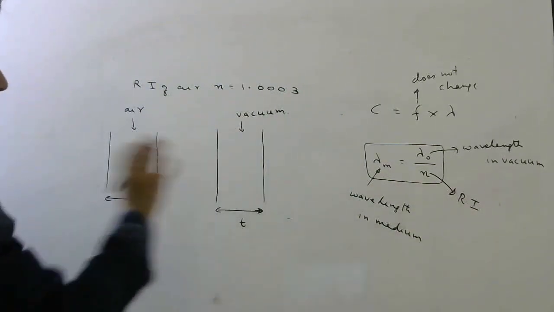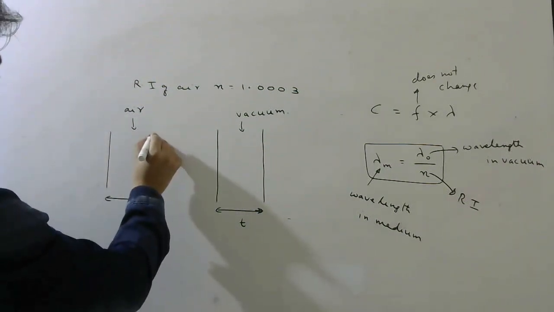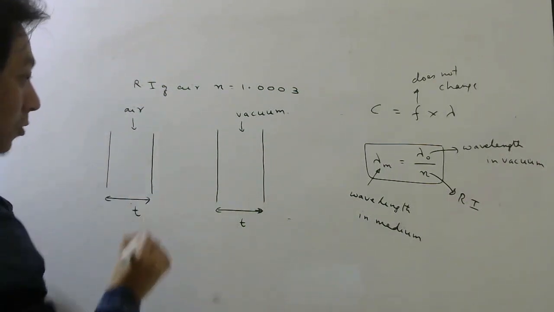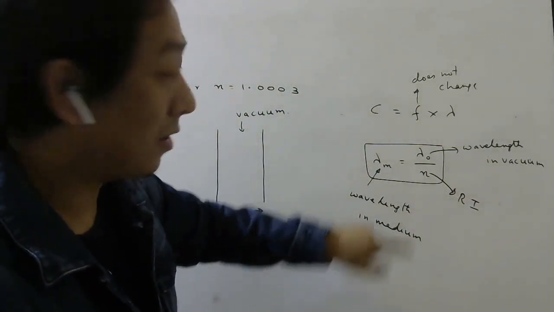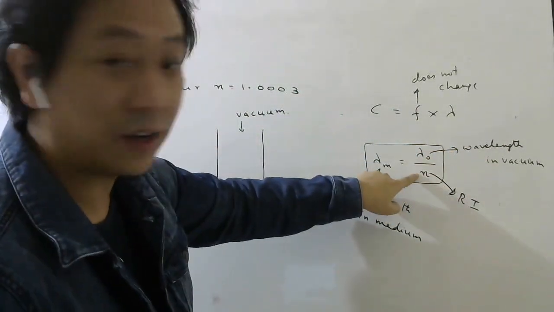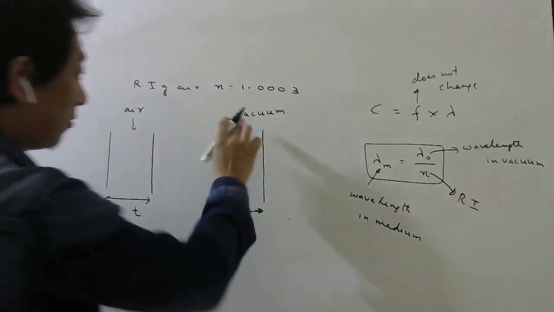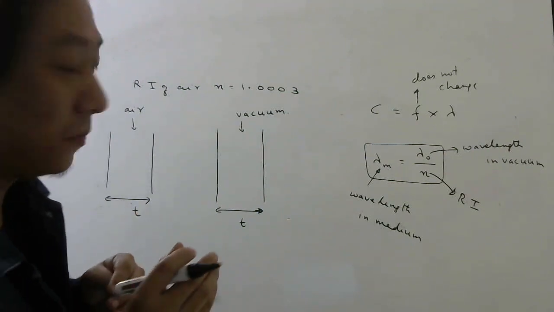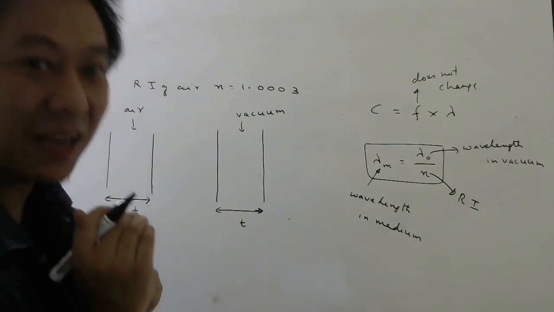Now, where is your wavelength less or more? You know that wavelength in any medium is slightly less than wavelength in vacuum because the refractive index is greater than 1. So in your vacuum, wavelength will be more. In your medium, which is air here, wavelength will be slightly less.